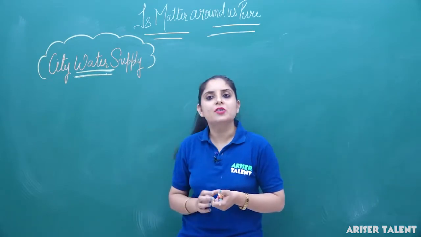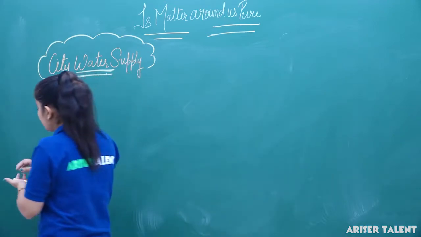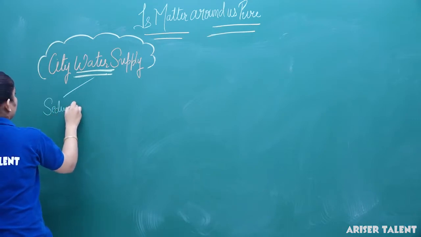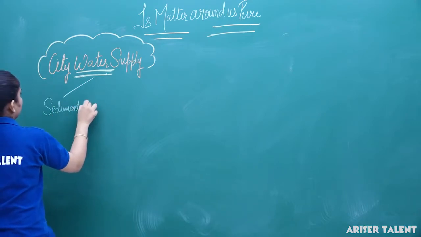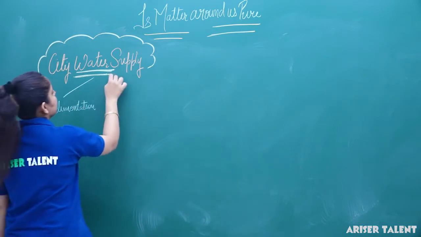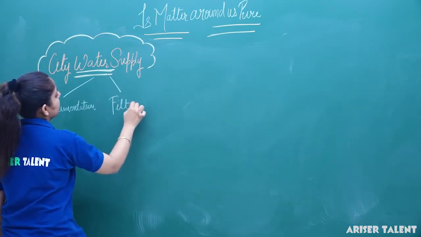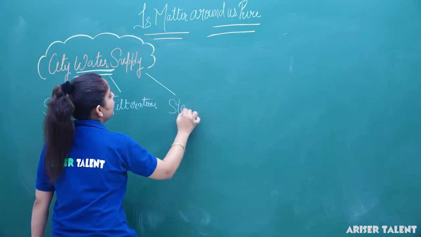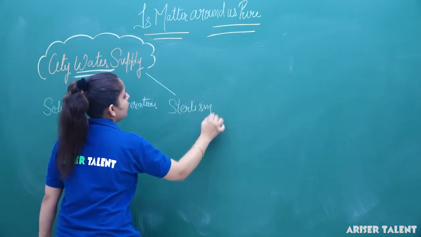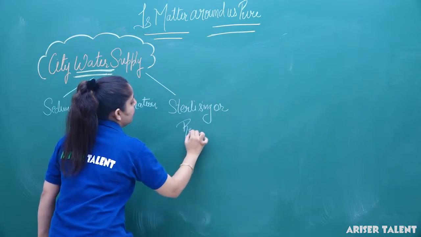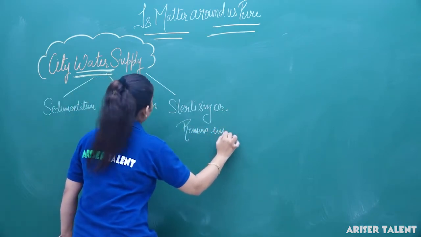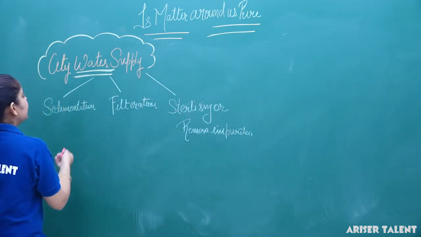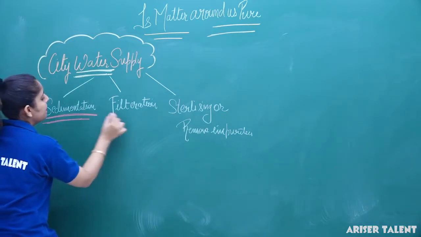So the first process is sedimentation. The second process is filtration. And the third process you can say is sterilizing, or removing impurities. So these are the 3 basic steps the city water supply does.